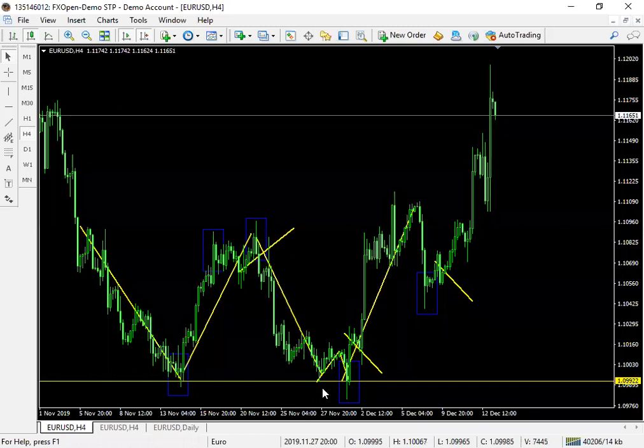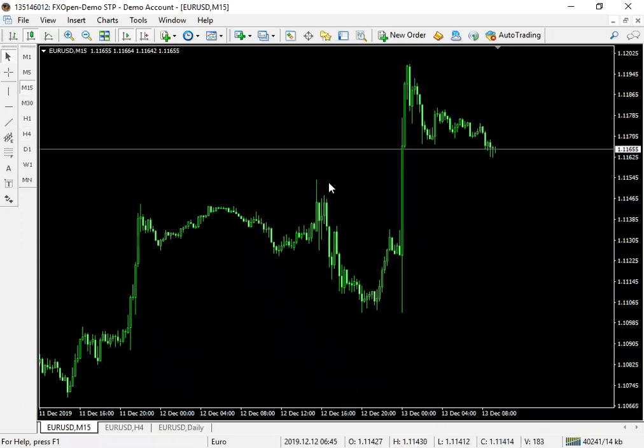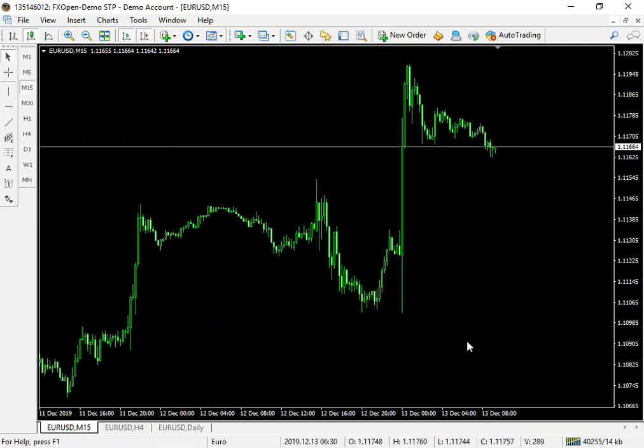If you're looking at a 4 hour time frame and this develops, then the trade might stick around longer. You might stay in the position a bit longer than you would on a 15-minute time frame, where you see a double bottom, for example, on a 4 hour time frame and a 15-minute time frame. The higher time frames, as you should know by now, take preference over the smaller time frames.